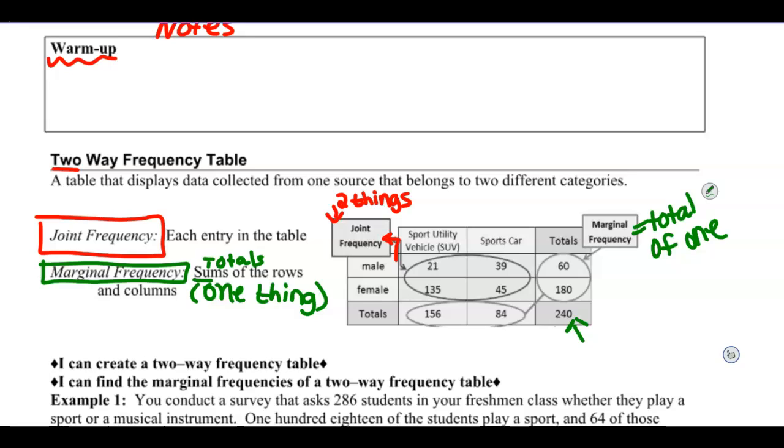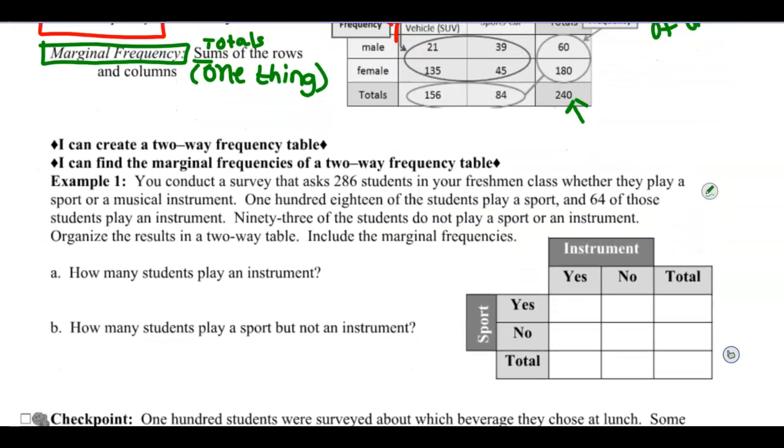So that's some of the key vocabulary we need to get in order to answer some questions and make the table ourselves. So we're going to look at if we're conducting a survey, and this is going to give us some information in a story problem. So here's example 1. You conduct a survey that asked 286 students in the freshman class whether they play a sport or a musical instrument.